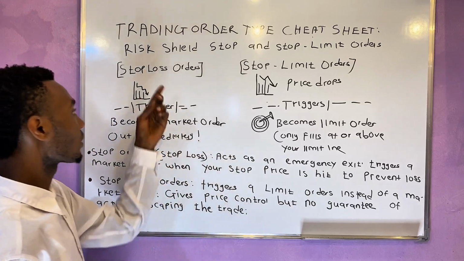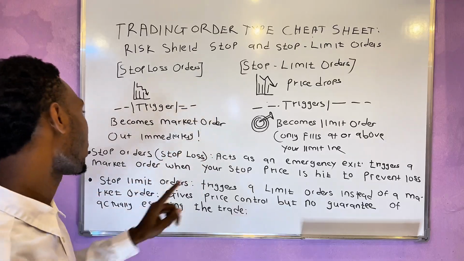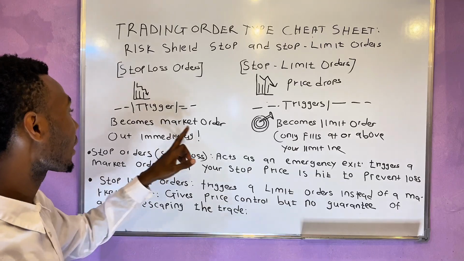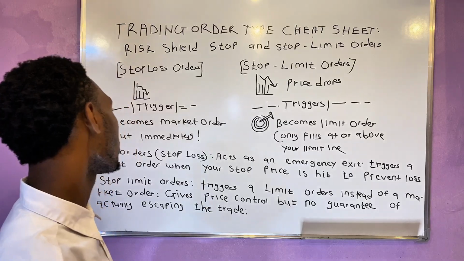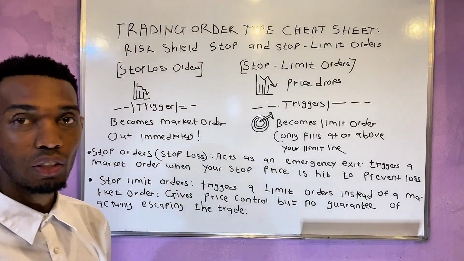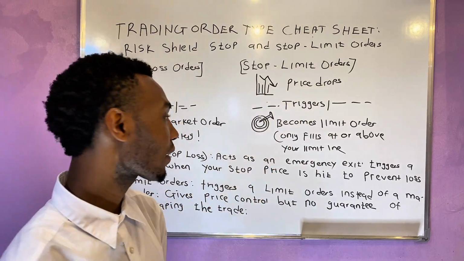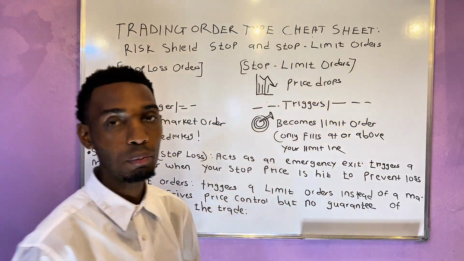This is a stop loss order. The trigger becomes a market order, so you stop out immediately. This one becomes a limit order, which only fills at or above your limit line.